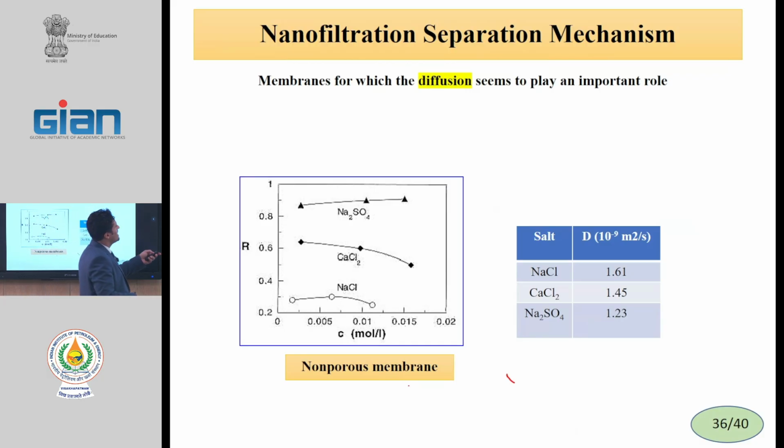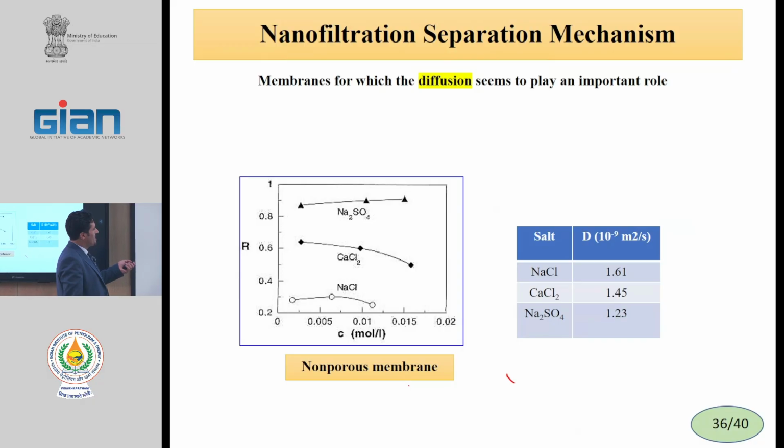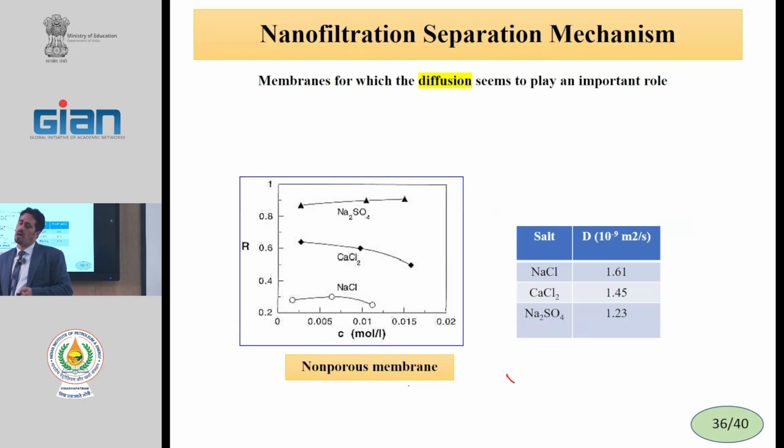And in this case, the rejection, as you see in the previous slide, puts calcium at the bottom, below NaCl. In this case, the diffusion rate is important, and if the hydrated size of the molecule is low, the rejection will be low.